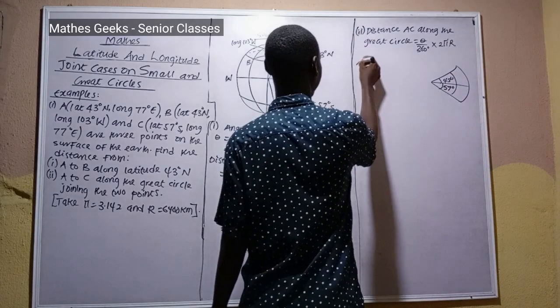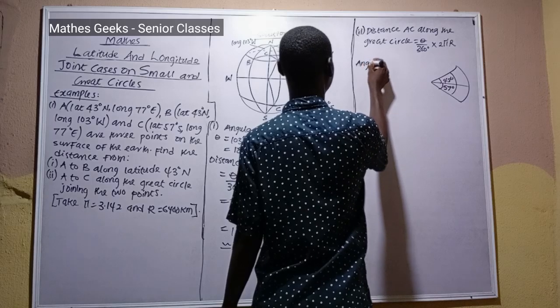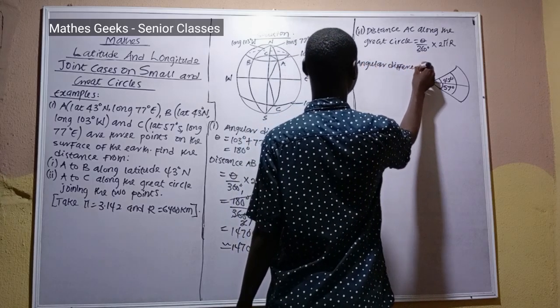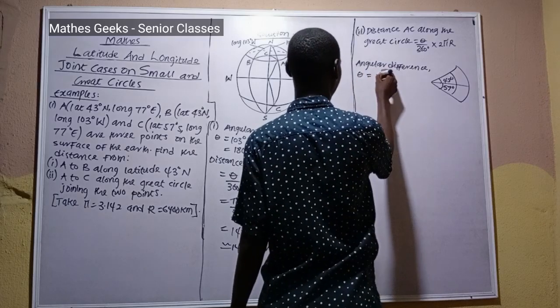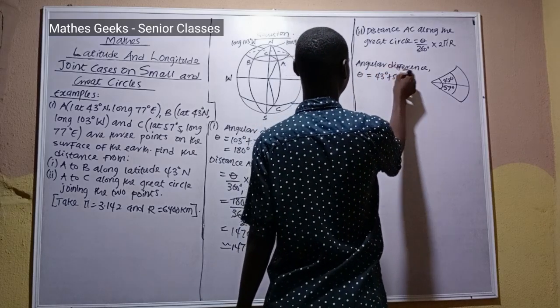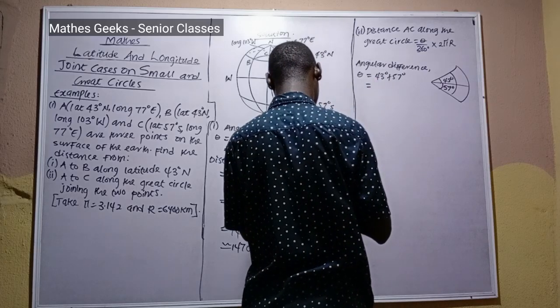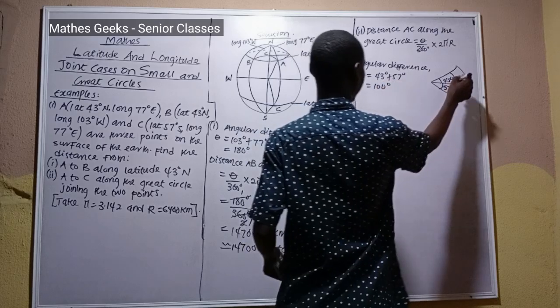The angular difference, that's the difference in latitude, theta is equal to 43 degrees plus 57 degrees, which is 100 degrees.